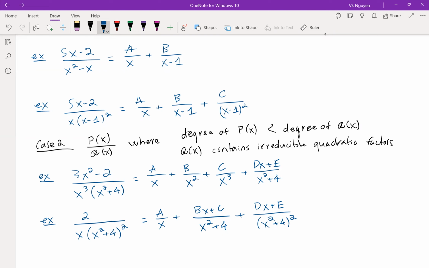So far we have considered 2 cases in which the degree of the top is less than the degree of the bottom. So what happens if the degree of the top is equal to or more than the degree of the bottom?